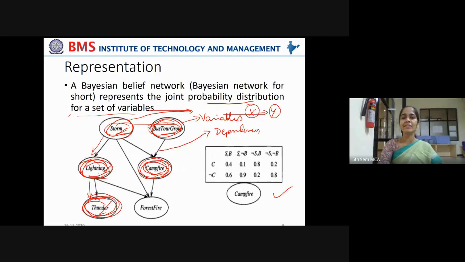Campfire's immediate predecessors are storm and bus tour group. Forest fire's predecessors are lightning, storm and campfire. Like that you have to understand. Now, when you are calculating forest fire's probability, you have to consider lightning, storm as well as campfire, because these three are its immediate predecessors, its parents.